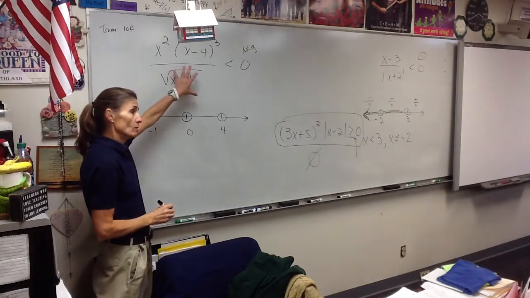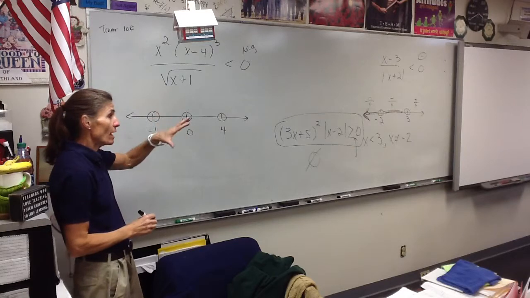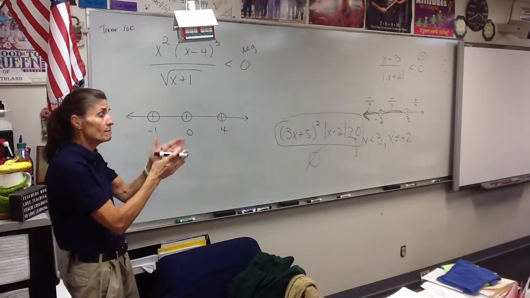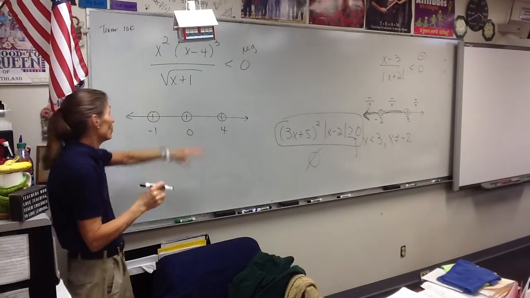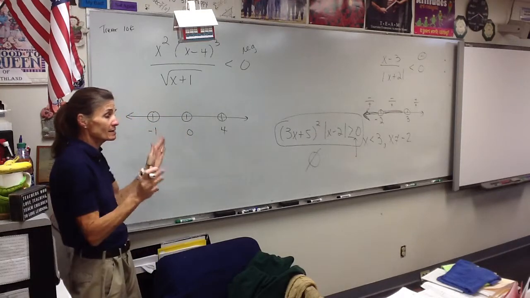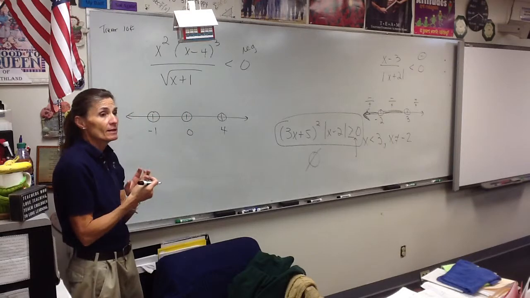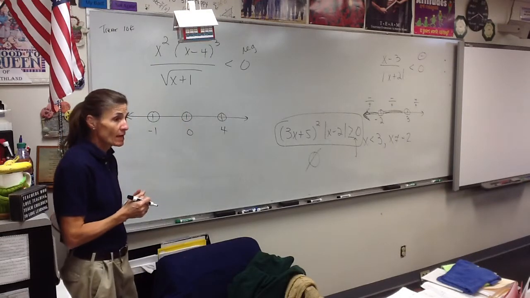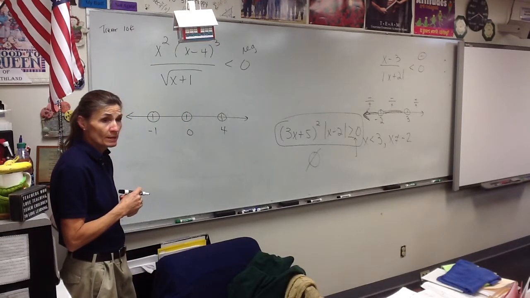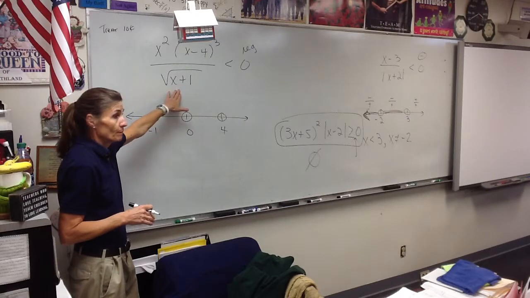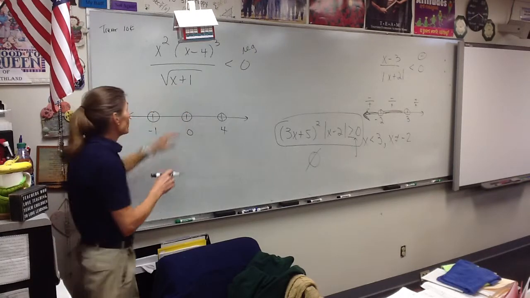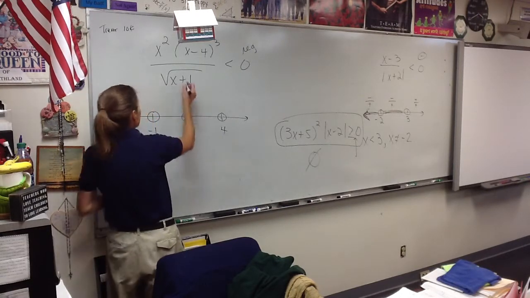You got a radical, and anytime you have a radical, your domain is going to be restricted. What can you tell me about possible x's before I even start worrying about the fraction? It has to be positive. X's have to be bigger than or equal to -1. Boys and girls, one more time.